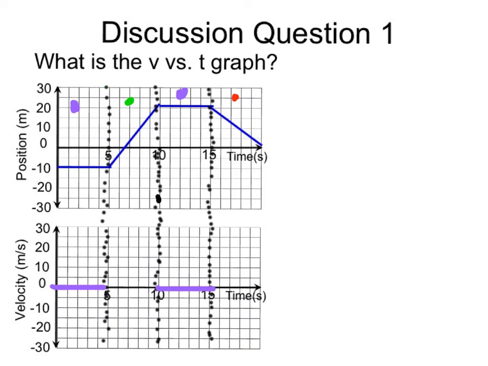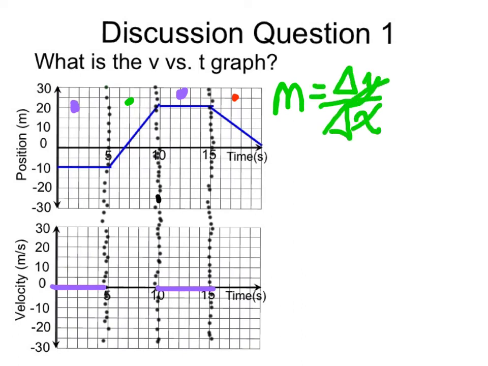All right, for the green section, you've got to figure out the slope. Change in y, change in x. All right, I notice we go from -10 up to 20. Wow, I'm really liking the number 30 tonight. Change from -10 to 20 would be 30 meters. Notice that I'm including my units.